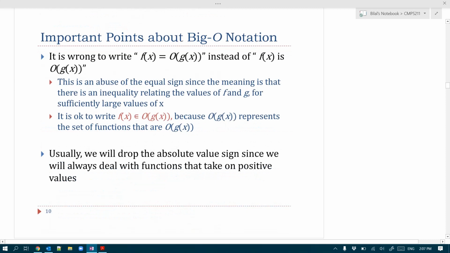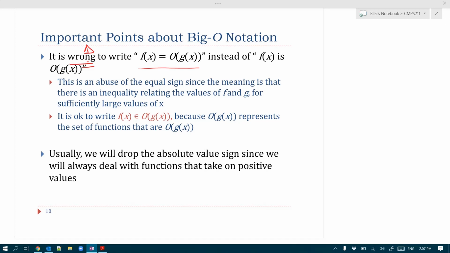An important point about the big O notation: it's wrong to write f of x equal to the big O of g of x, because big O of g of x is not a function, it's not a value.